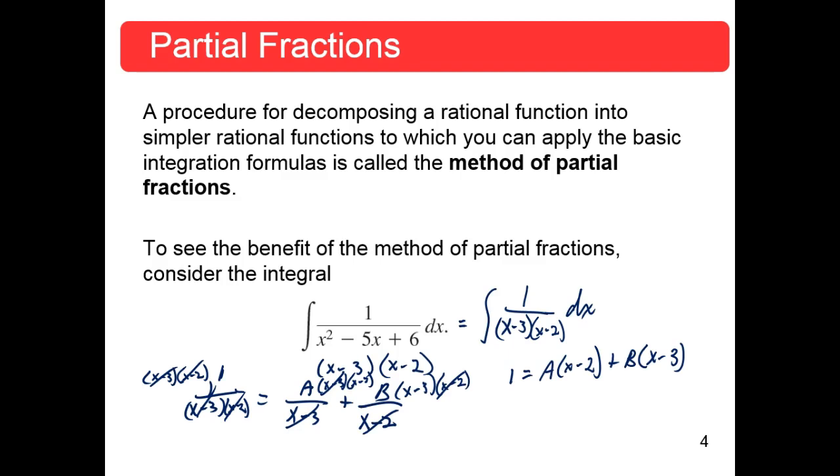So if x is equal to 2, this would be 1 is equal to 0 plus B times negative 1. 0 doesn't add anything.